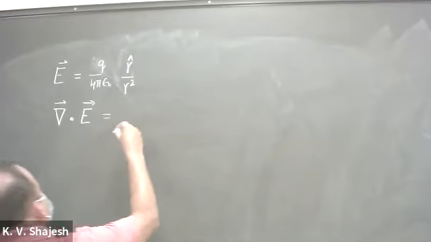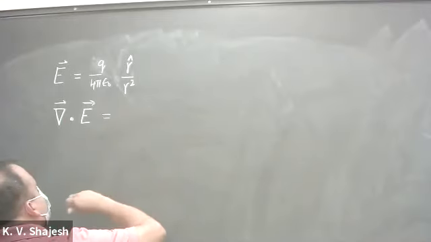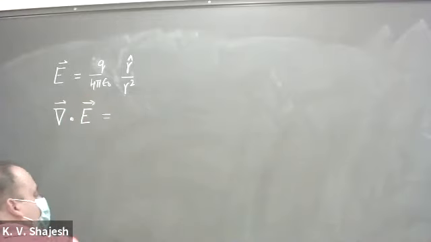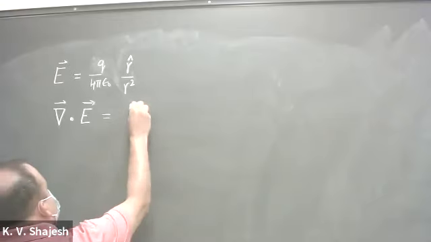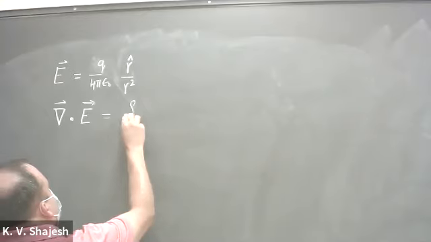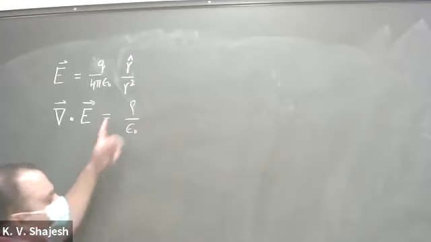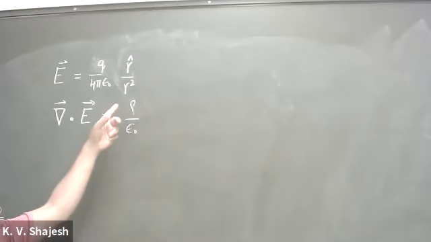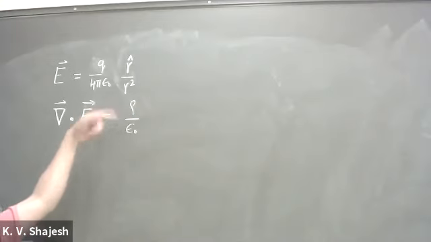But what is rho in this case? Charge density. What is the charge density here? Right. This is the rho over epsilon naught. Is that clear what rho is? By the way, rho is a charge density, a charge per unit volume. Right?